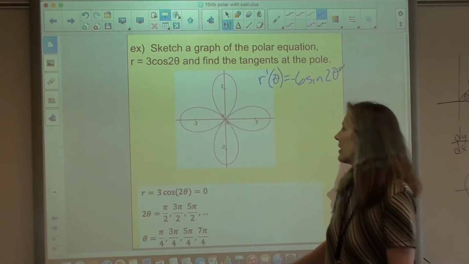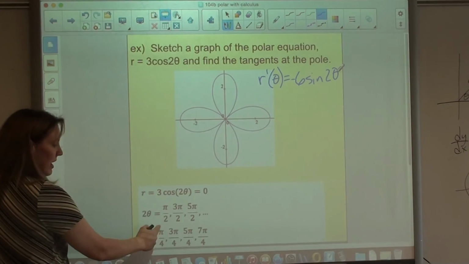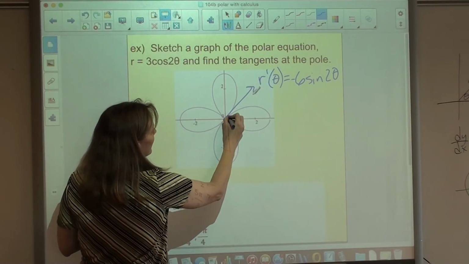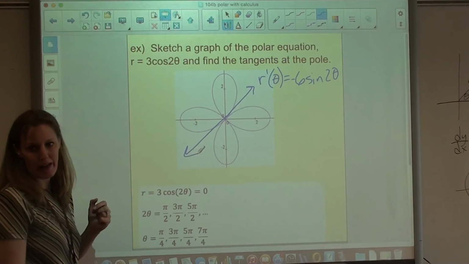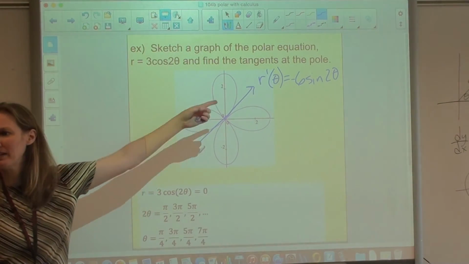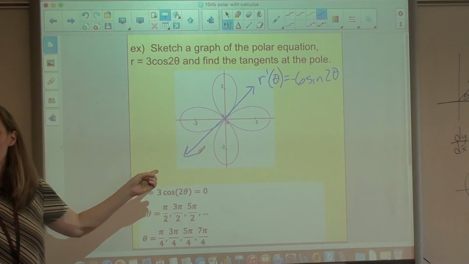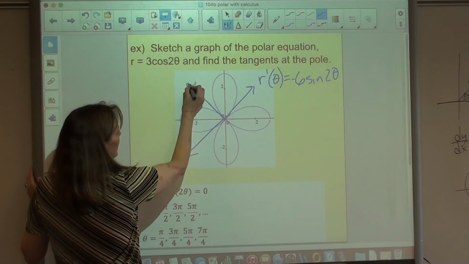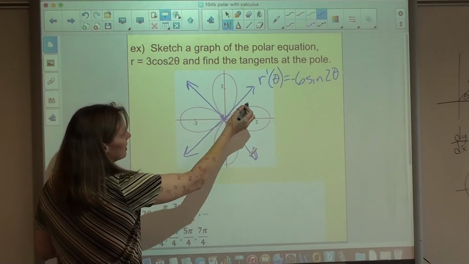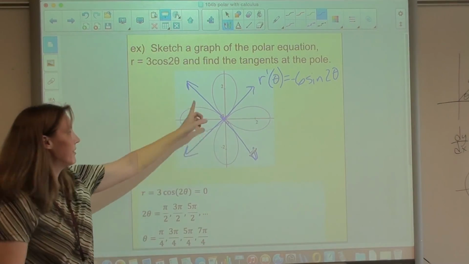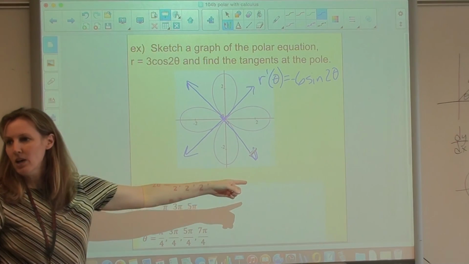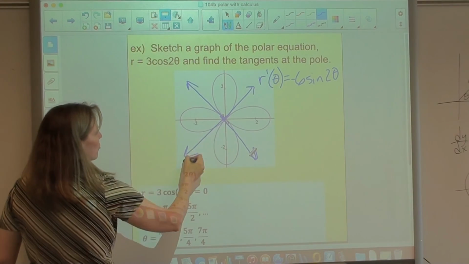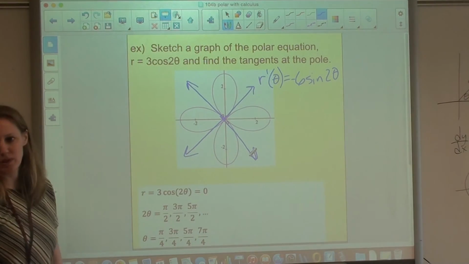But wait. If I were to graph theta equals pi fourths, it is a line going in both directions, because it includes positive and negative values of r. So that's theta equals pi fourths. If I graph theta equals 3 pi fourths, I get this line. So it does look like they're tangent, right? If I graph theta equals 5 pi fourths, I'm right back on top of the theta equals pi fourths line.